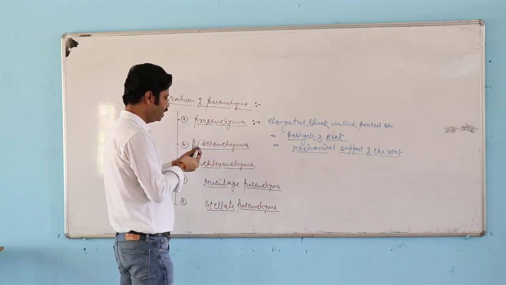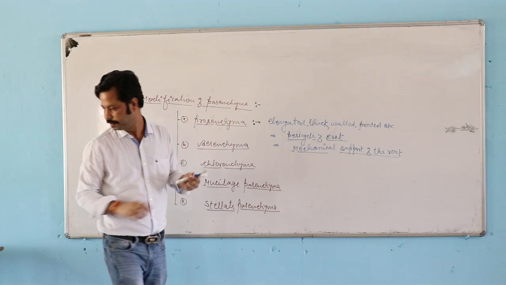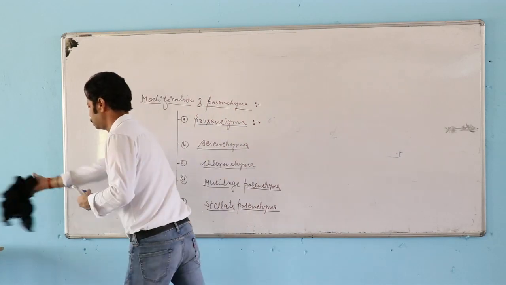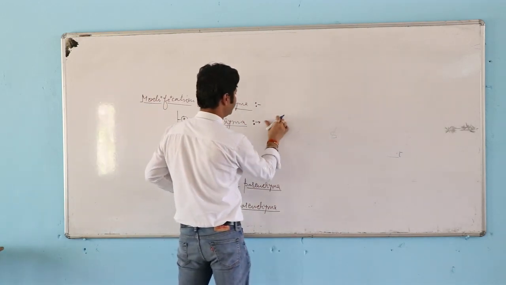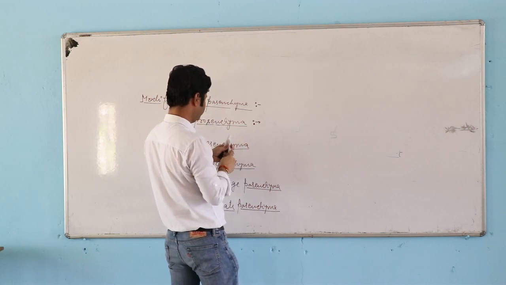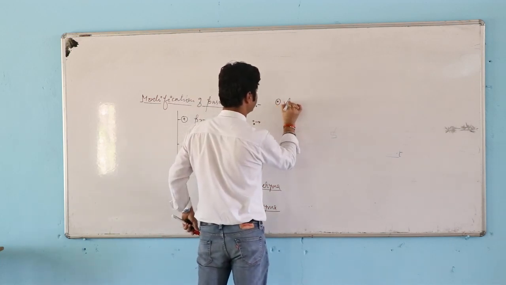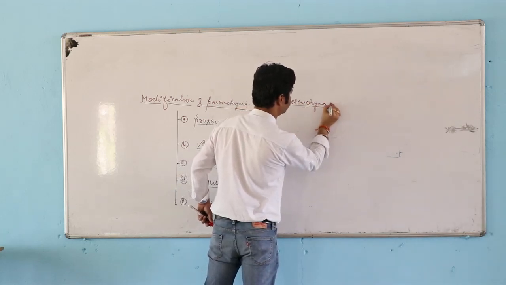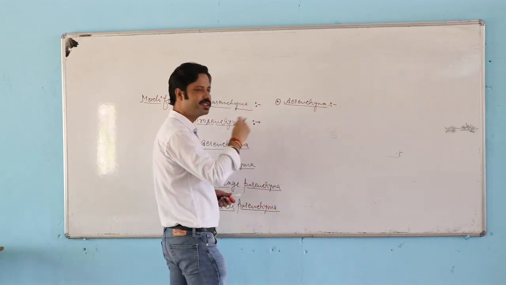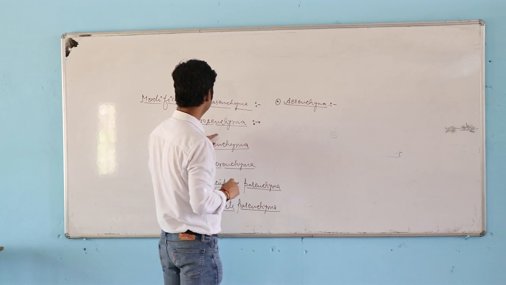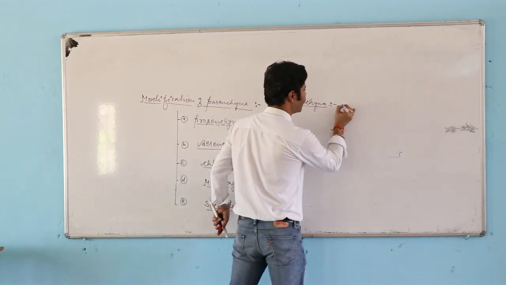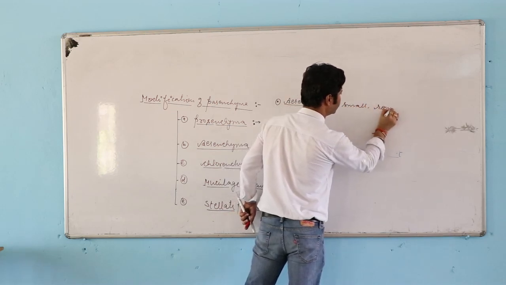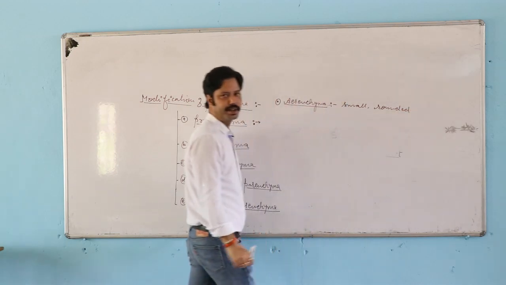Now, second one is aerenchyma. It is another modification of parenchymatous tissue. The cells of aerenchyma are small, rounded.